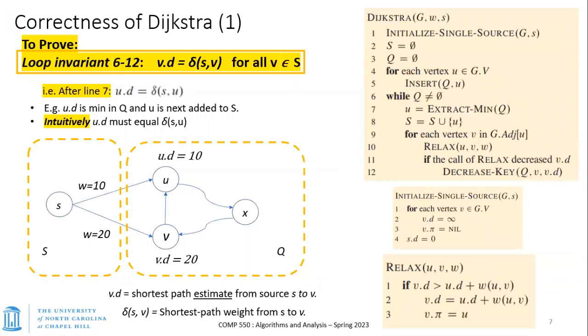Now I'll initially give you an intuitive explanation of the correctness of Dijkstra before we get to the formal proof. It basically relies on the proof of the following invariant, the loop invariant for the loop which goes from line 6 through 12 of the Dijkstra algorithm.